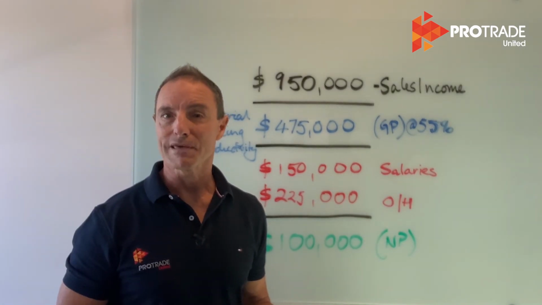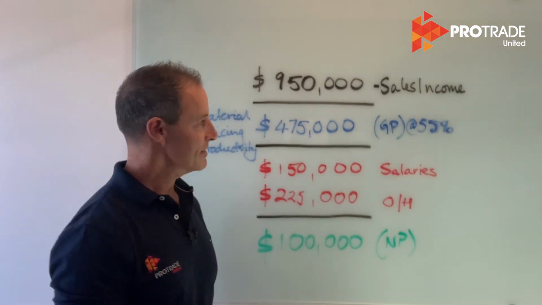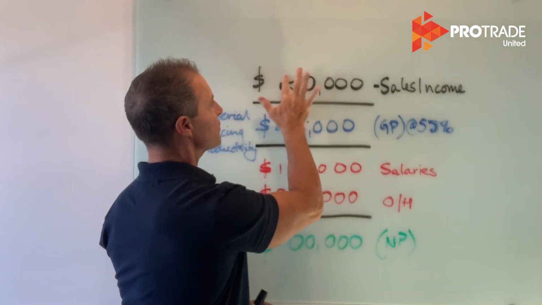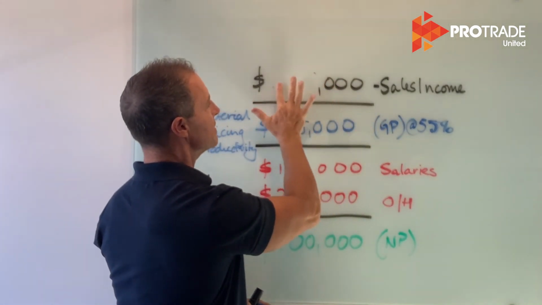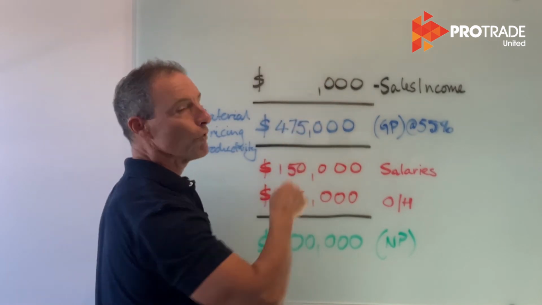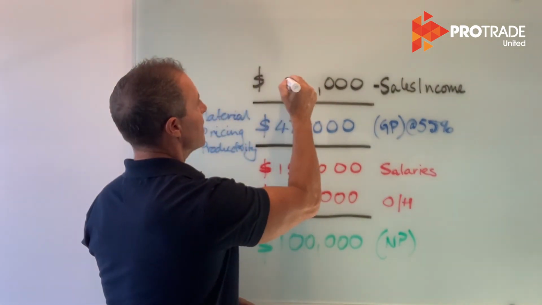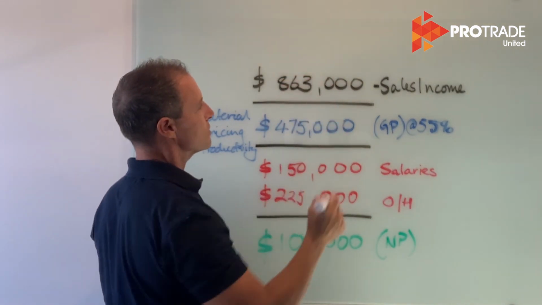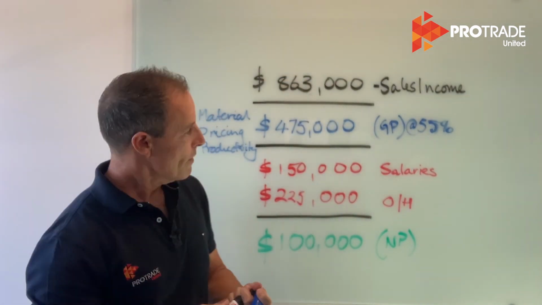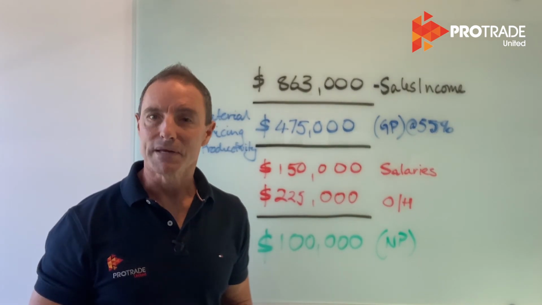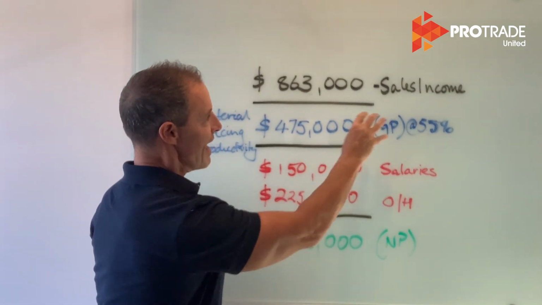Well, here's the beautiful thing. By tweaking this by 10%, and tweaking this by 10%, all of a sudden, the amount of income that they need to generate in their business, and I'm using round figures here, not the real specifics, is around $863,000.